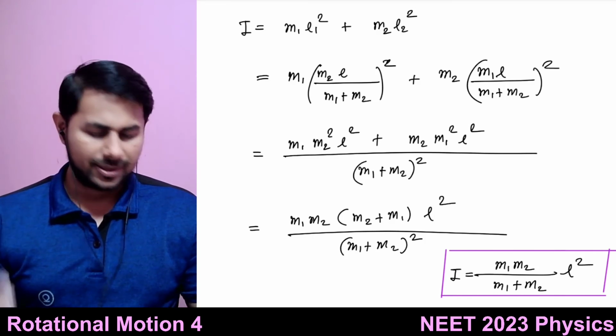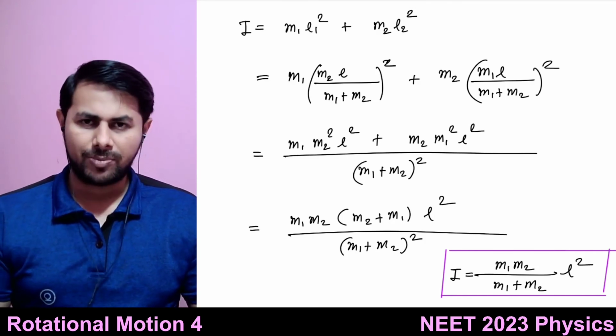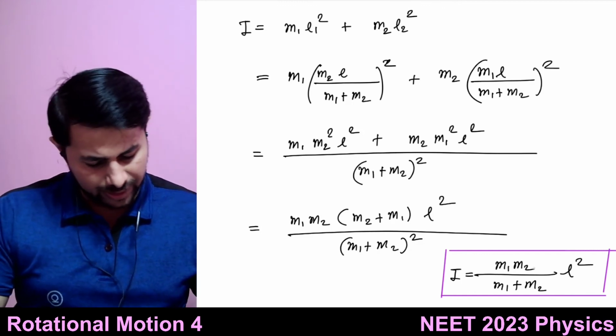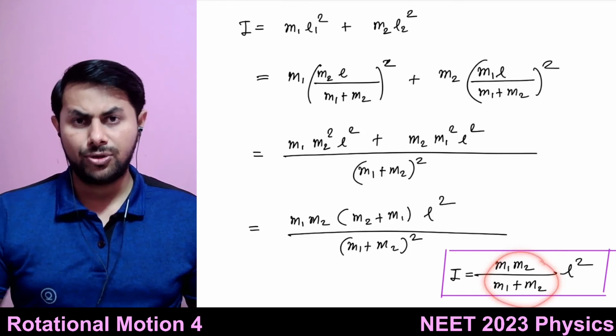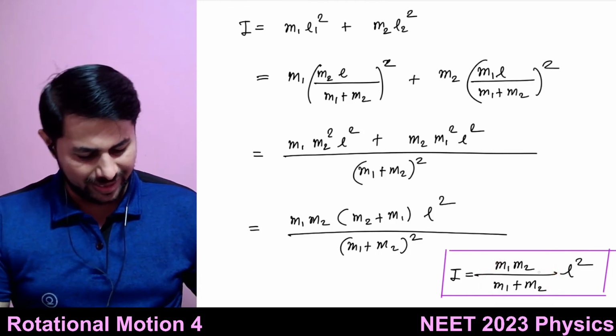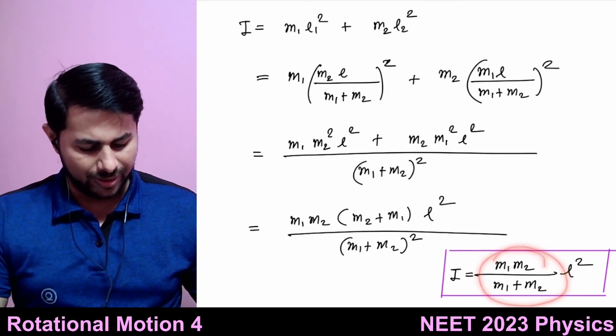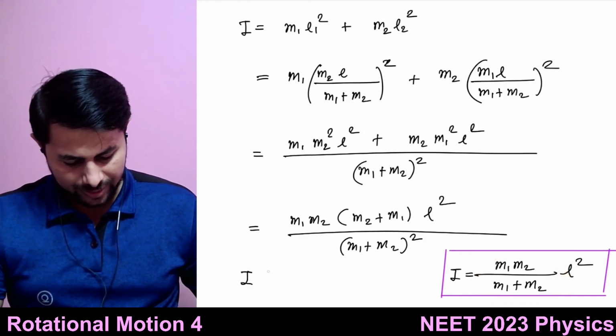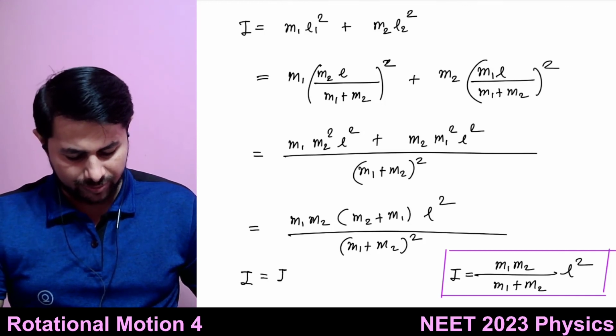So it is m1 m2 divided by m1 plus m2 into L square. And this thing is called the reduced mass. So got it? Yes, no? This thing, meaning m1 m2 upon m1 plus m2, is known as reduced mass.